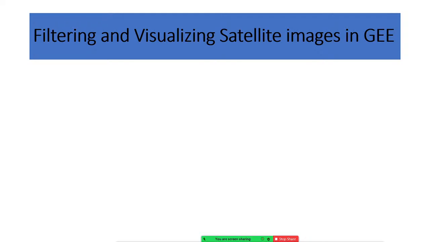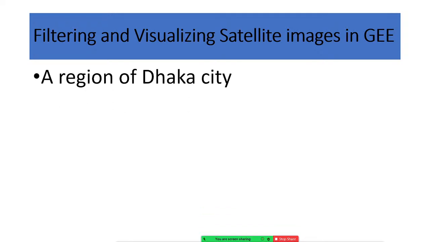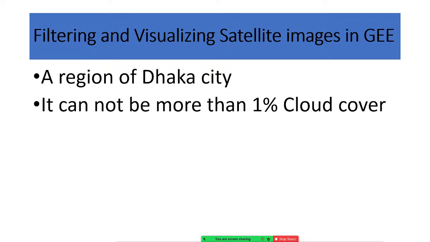When you are filtering any satellite imagery, you need to know some factors. First, suppose you need satellite imagery for a specific region, it could be Dhaka city or any other region. Then you also need to know some image properties, for example an image with not more than 1% cloud cover.